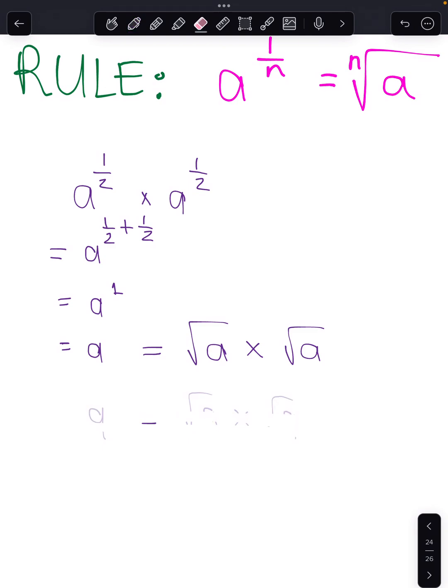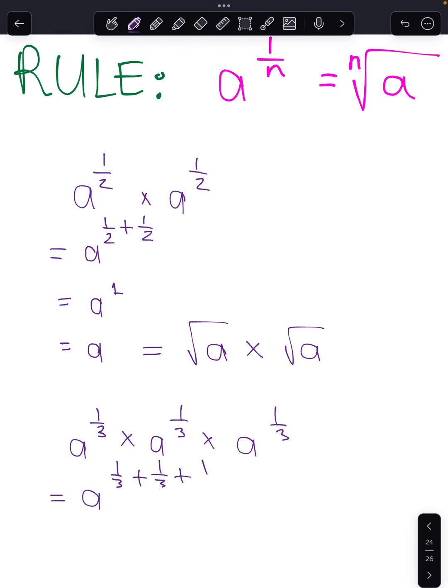We can do this for even other fractions, right? So if we have a to the power of a third, if we times it with another a to the third and another a to the third, right, we get a to the third plus a third plus a third, and 3/3 gives us 1.